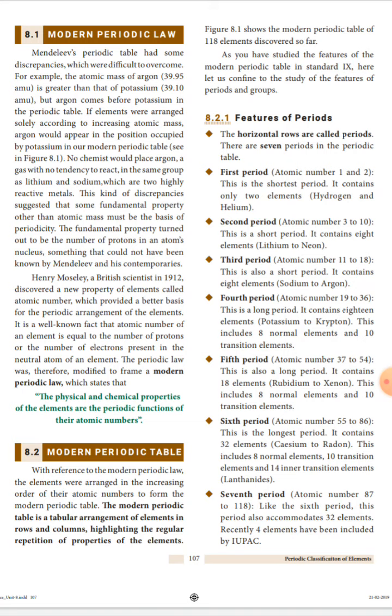Then what is called atomic number? Because atomic number plays a very important role in the classification of the modern periodic table, which is devised based on atomic number. Atomic number is nothing but the total number of protons present in the nucleus of an atom.